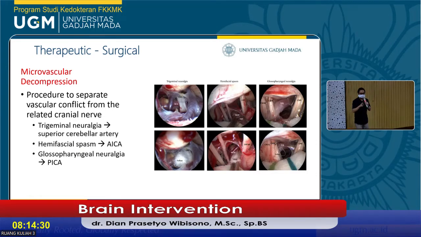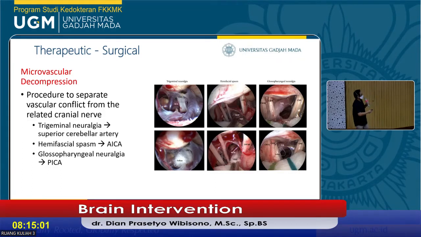Neurovascular conflict means there is a direct connection between a vessel and a nerve. These are the three common cases: first is trigeminal neuralgia, second is hemifacial spasm, and the third is glossopharyngeal neuralgia. If I'm not mistaken, I have already mentioned it in the brain vascularization lecture.